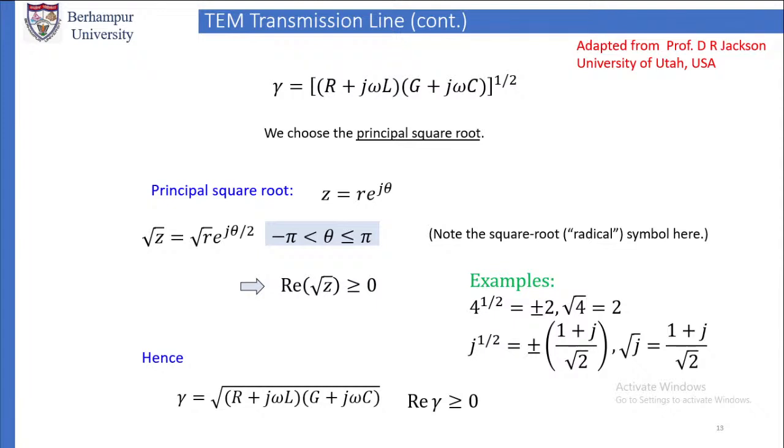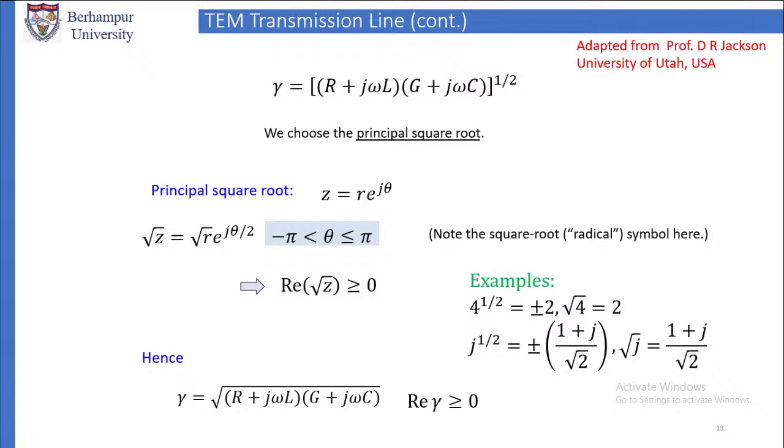Now what will be the value of theta here? Theta will be between minus pi to plus pi. That will be the range of theta: minus pi is less than theta is less than or equal to pi. Now look at the square root symbol here. You can see that the real part of the square root of z is always greater than or equal to 0.